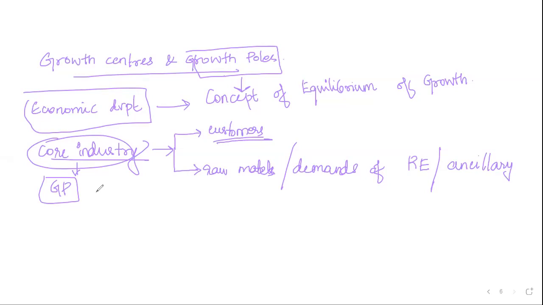Has it been already done? Has it been dictated? Even otherwise, I will give you notes, but has it been dictated? Has there been a comparison done between GP and GC, the difference between growth centers and growth poles?